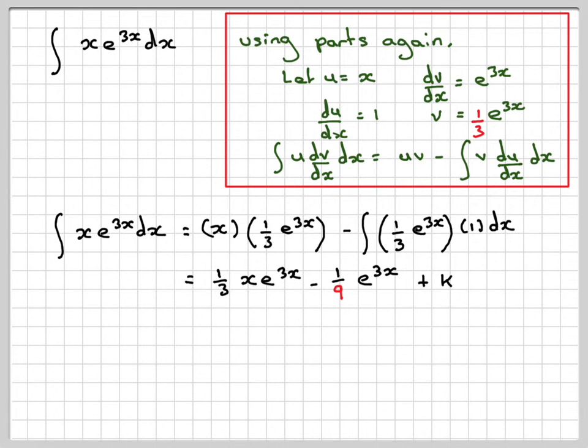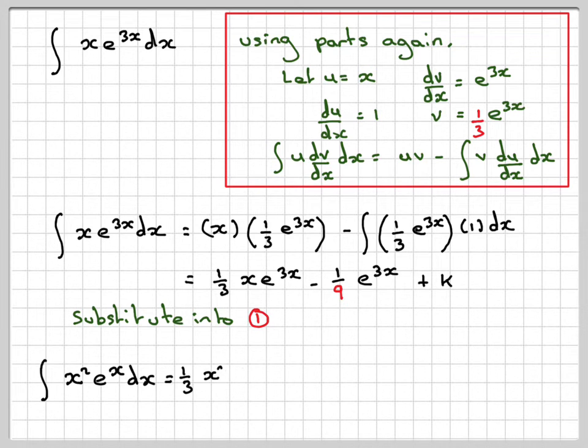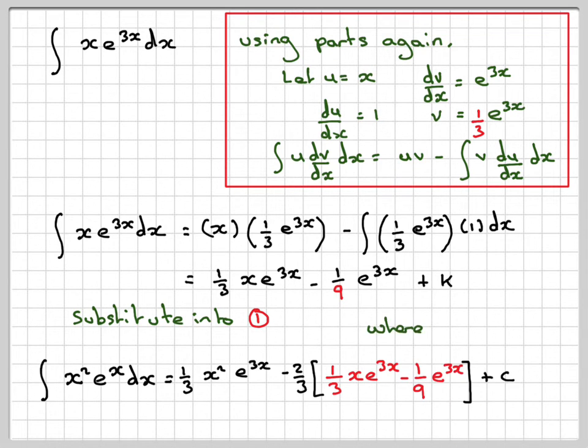Now what we can do is substitute that into equation 1. So equation 1 was the original integral, there's the first part, and then the bit of the integral, we now replace it here in red. So 1/3 x e to the 3x, minus 1/9 e to the 3x, and then we call the constant c, where c will be 2/3 of whatever k is.